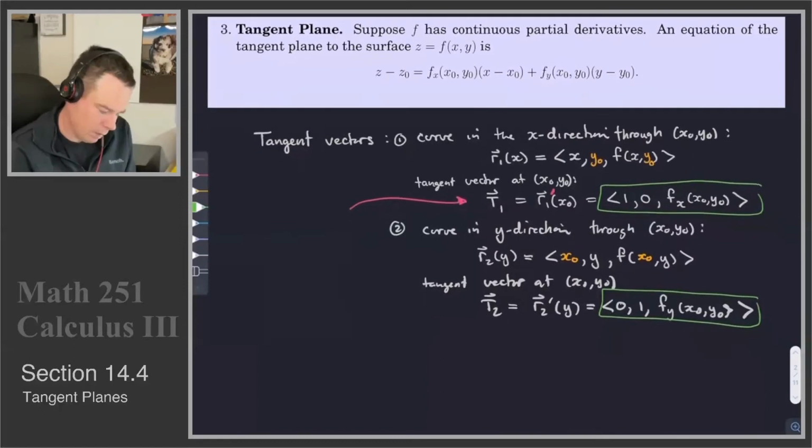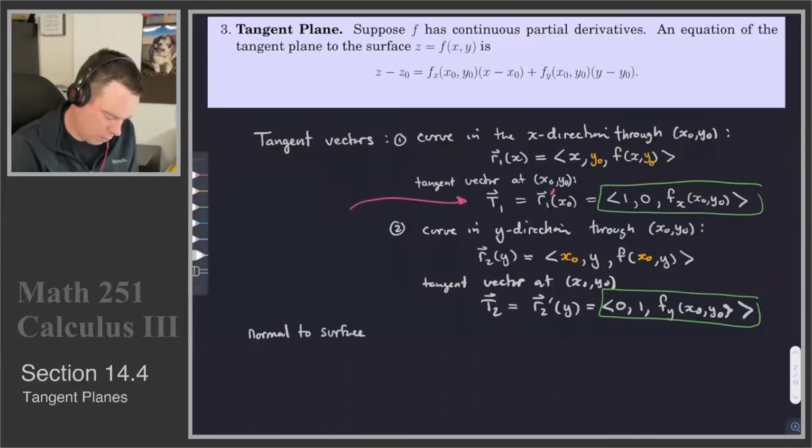Now, if I want to find the normal to the surface at x naught, y naught, what we do is we take the cross product of these 2 tangent vectors.